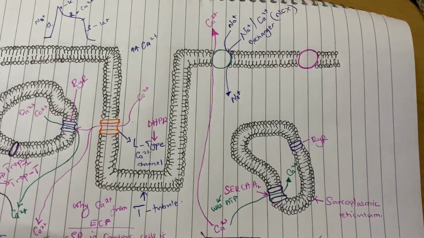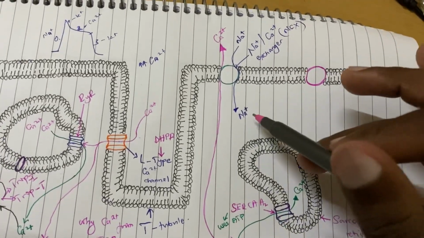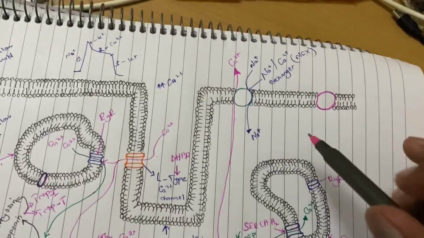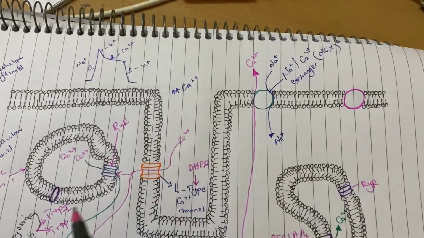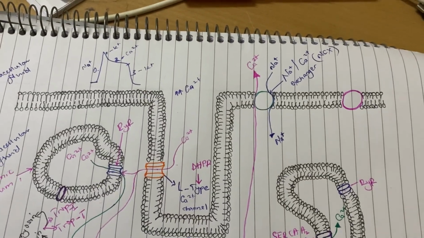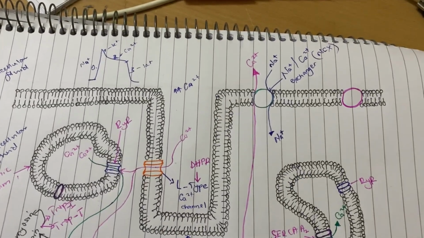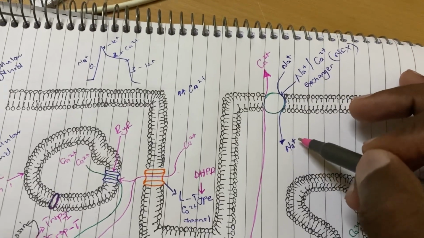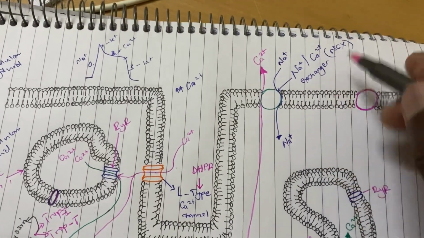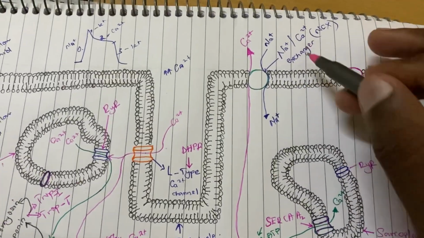But now a problem you're creating is entering sodium. Should sodium stay inside? No, because we saw that it was coming from outside, entering inside at the first phase, phase 0 of depolarization. Meaning, if you allow this to happen for so long, it will change the concentration gradient. Sodium is naturally more outside and less inside.